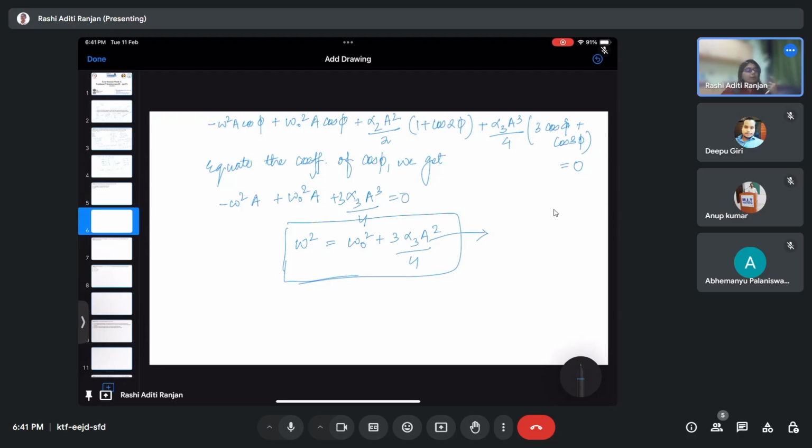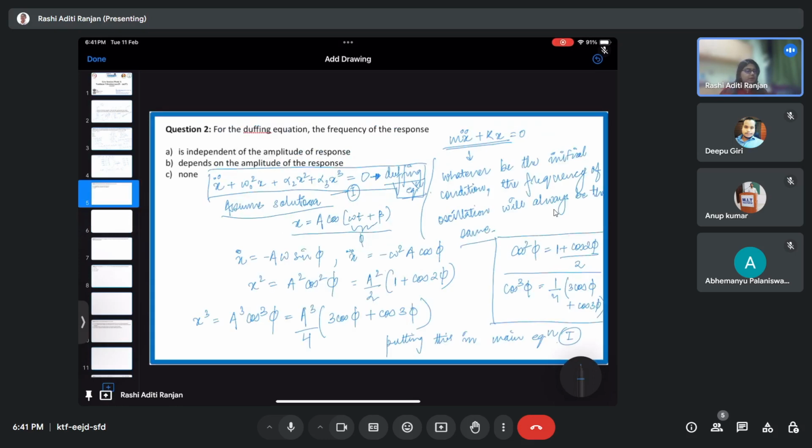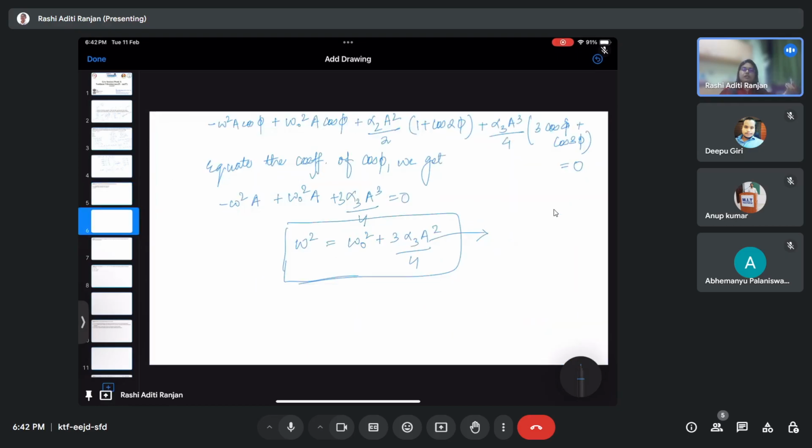So what can we see from here? Just by adding small nonlinearities to the spring-mass system, the oscillation frequency now depends on the amplitude of oscillation, whereas in the linear case it is independent of the amplitude and the initial condition.